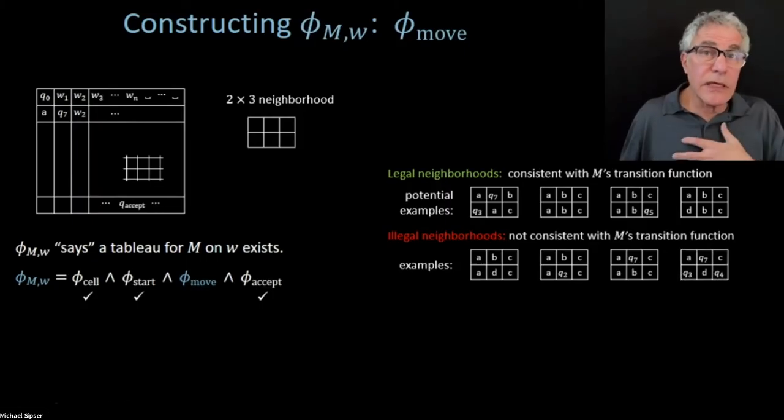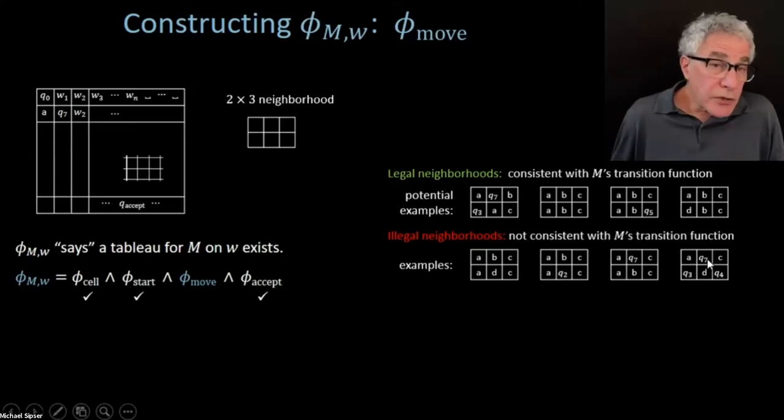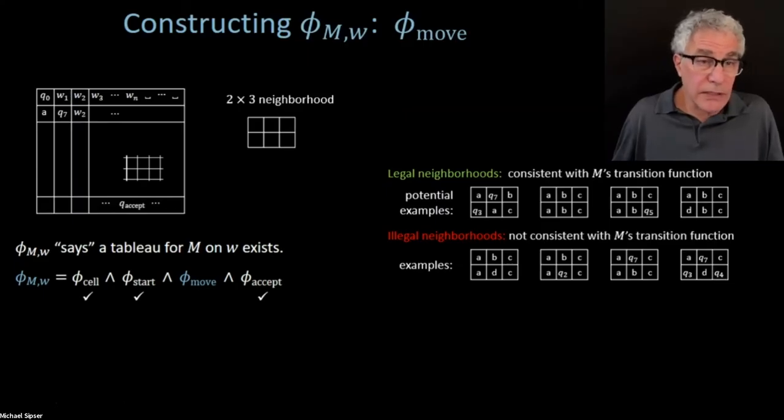And then here's an interesting one. If a state becomes 2 states, don't forget the machine is non-deterministic. So the machine in principle could move its head left on one branch and move its head right on a different branch, but those would have to be in different tableaus. They can't be in the same tableau because that doesn't correspond to any of the threads of the computation.